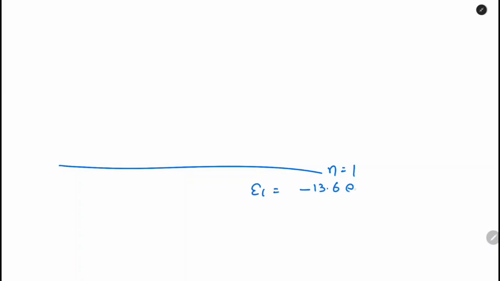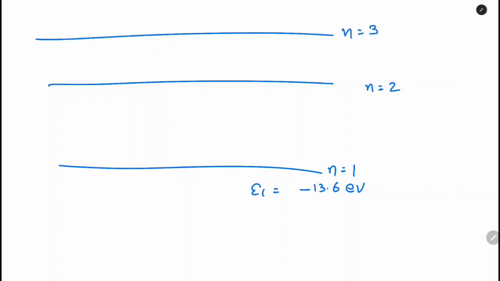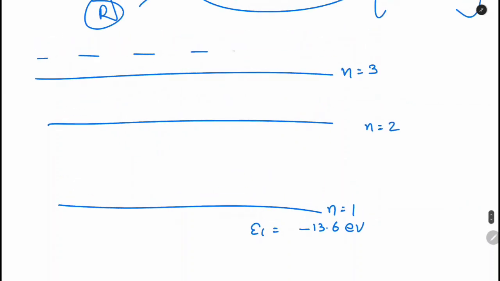Accordingly we have various series. Let's say this is n is equal to 1, where E1 is equal to minus 13.6 electron volt. Then we have n is equal to 2, then n is equal to 3, and let's call this n is equal to infinity.